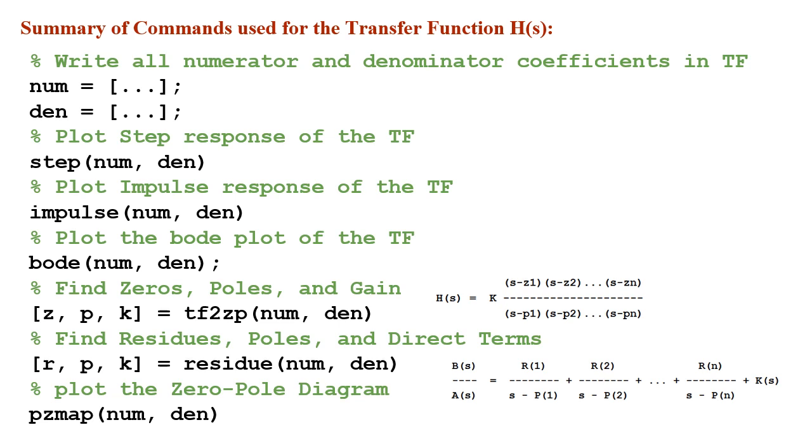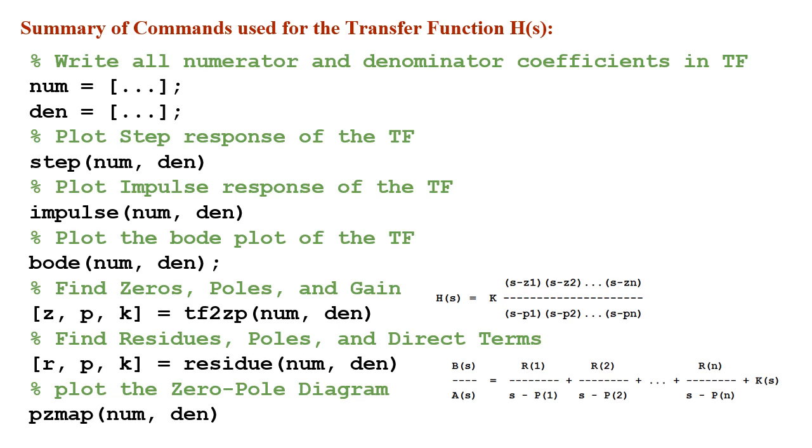And make sure you assign variables or names for the output of the transfer to zero pole function in that exact order. It starts at zeros, then poles, then gain. Next is finding the residues, poles, and direct terms. To do that, you need to call the residue function, and the output is exactly in that order.